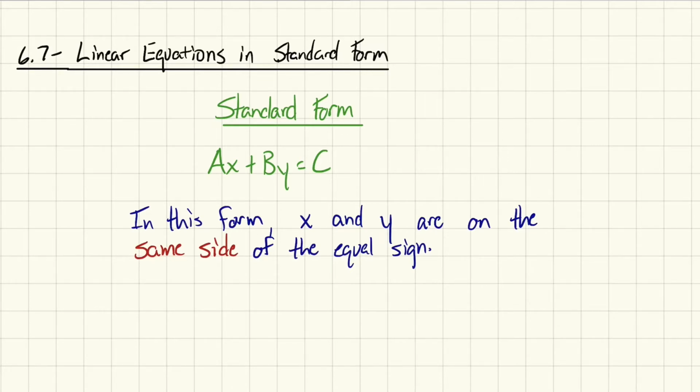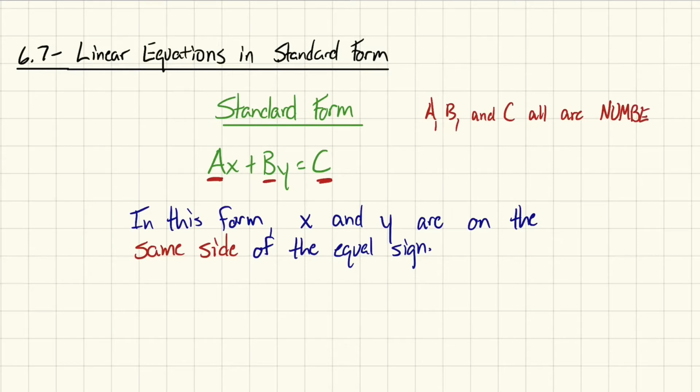So, taking a look at what standard form looks like: ax plus by equals c. The first thing that we need to understand is that a, b, and c all represent numbers. Now, I'm going to write that out. A, b, and c all are, and we're putting caps, numbers.